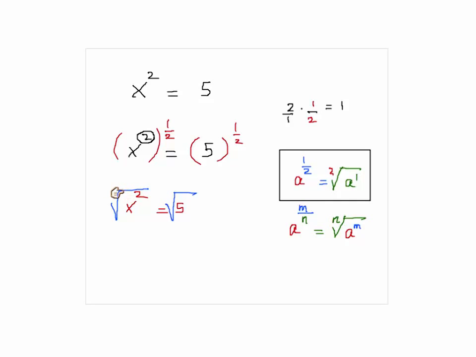That's why this 2 and the square root would leave only x here, because 2 times 1/2 is the same as 1. We get x here. On the other side, we get the square root of 5. Again, we expect to get 2 solutions. Both plus and minus will be the solution to this.